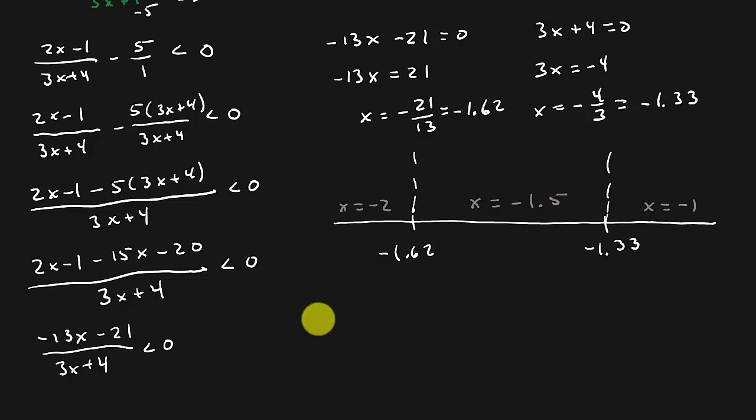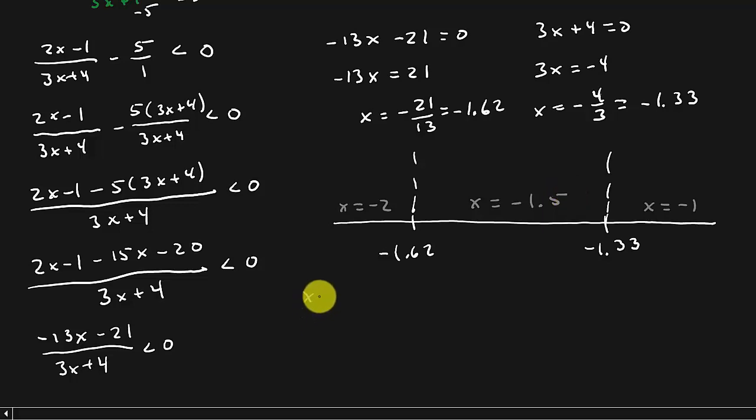This is where it comes in handy not worrying about getting the exact answer. If we plug negative 2 in, negative 13 times negative 2 is positive 26. 26 minus 21 is a positive number. And then if we plug the negative 2 into here, 3 times negative 2 is negative 6. Negative 6 plus 4 is a negative number. And so that's negative. So this is going to be negative here.